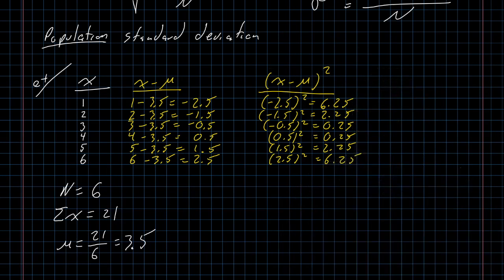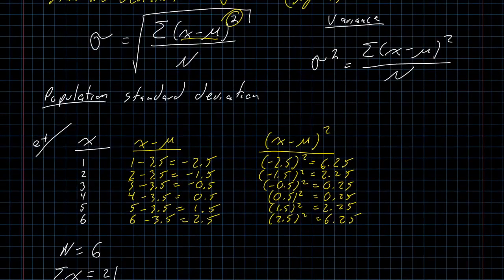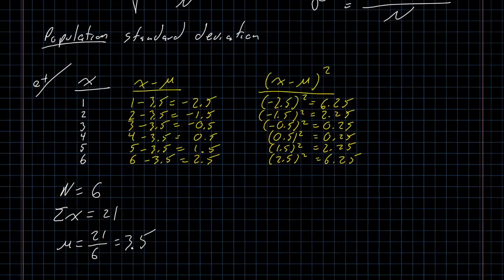But now that I have all of these, again, if I scroll back up to the formula, I want to take all of my x minus mu squares, and I have a summation symbol. So I want to add all of these things together. That's what comes next.